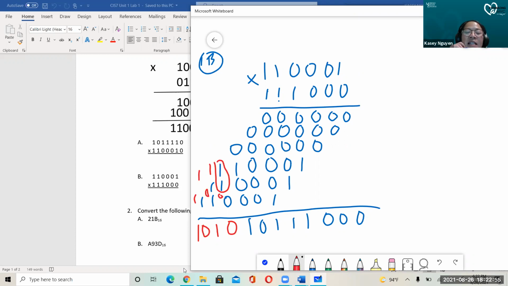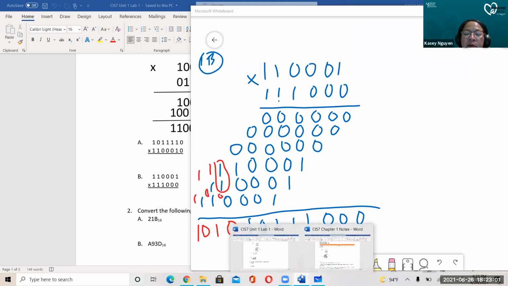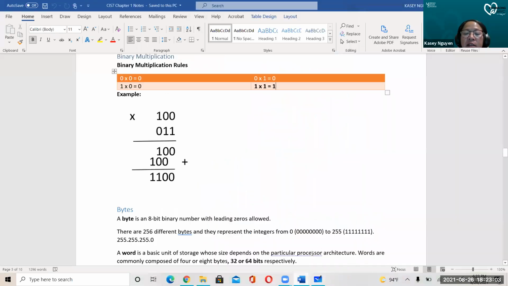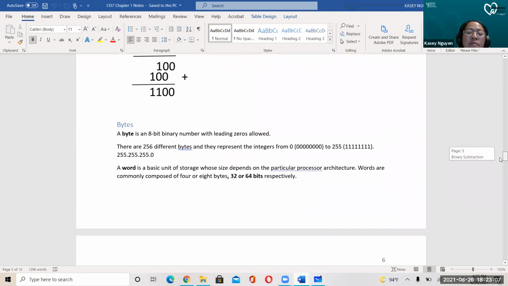And it is base 16. To reference this, you can also go into your notes. Last time we talked about size, right, and storage.